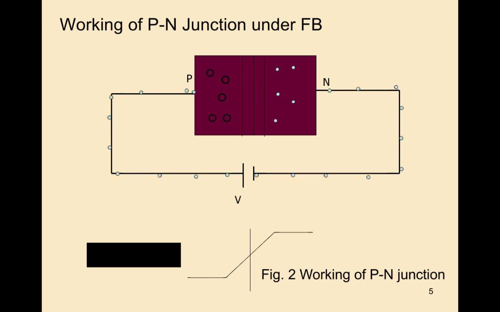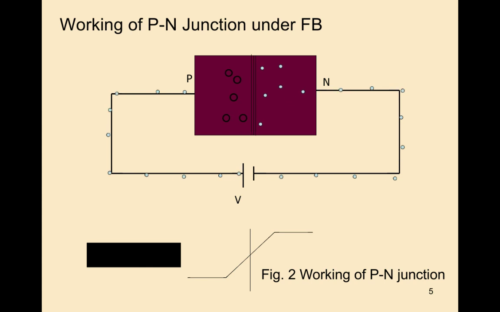So here what will happen? When we connect positive to the P side, the holes move away from the P side. That means there is a pressure on the holes, and they move toward the depletion region.